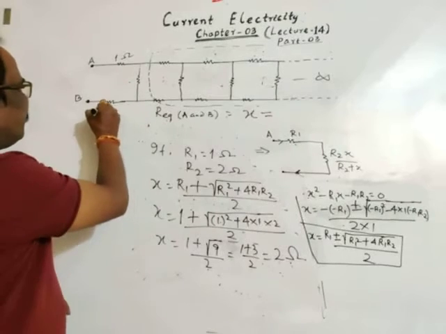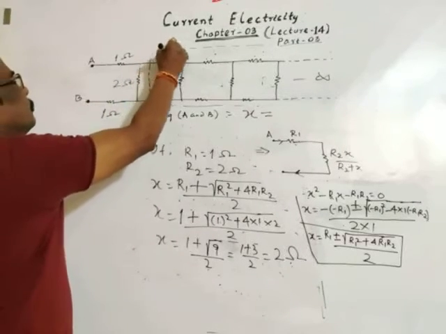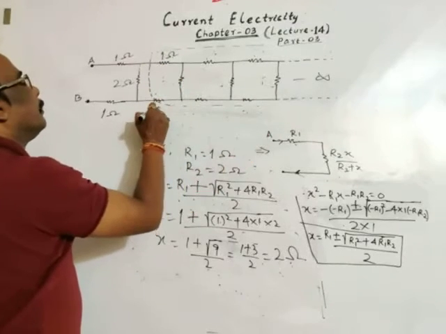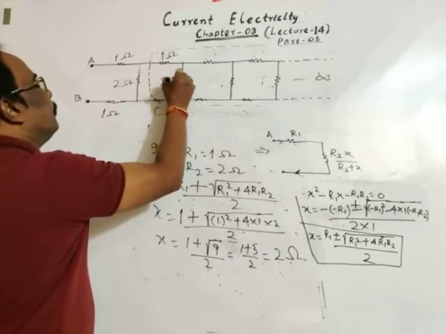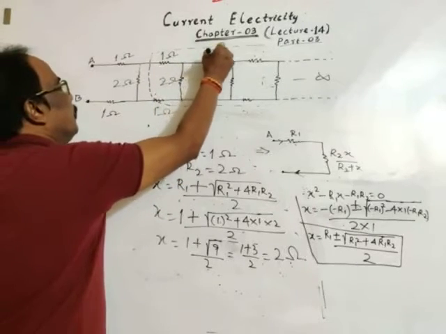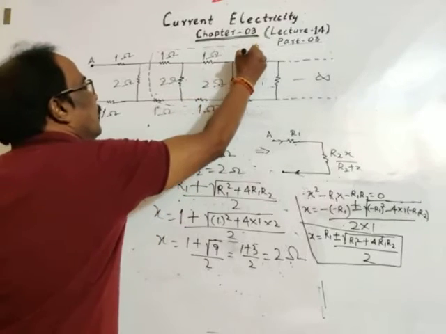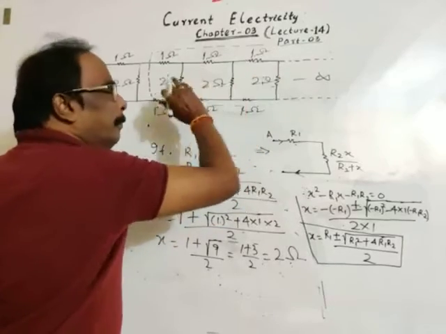This is 1 ohm, this is 1 ohm, this is 2 ohm. Similarly, this is 1 ohm, this is 1 ohm and this is 2 ohm. Similarly, 1 ohm, 1 ohm and 2 ohm up to infinity.